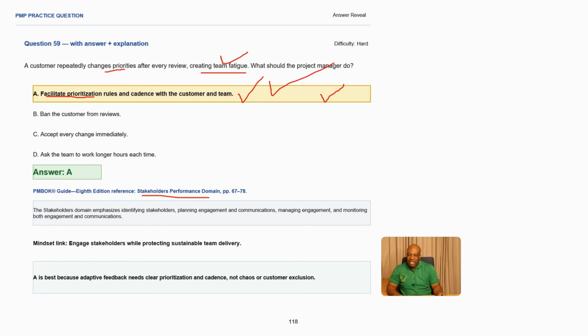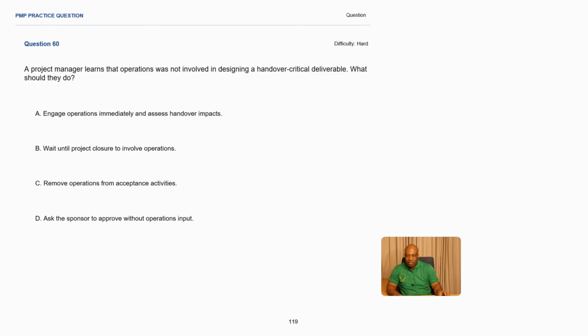And what is the mindset? You need to engage stakeholders while you're also protecting sustainable delivery. So this is a very good mindset to also respond to this particular question. Making A the best answer, okay? Because adaptive feedback needs clear prioritization and cadence, not chaos or customer exclusion, making A the best answer.